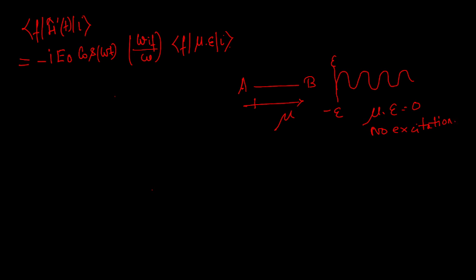So for excitation, mu dot E must not be equal to 0.